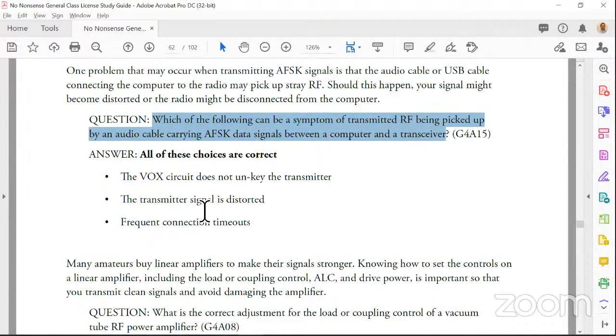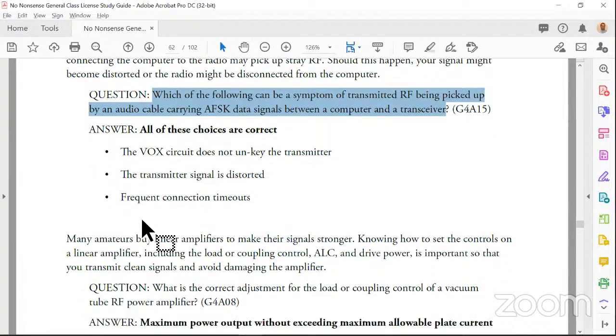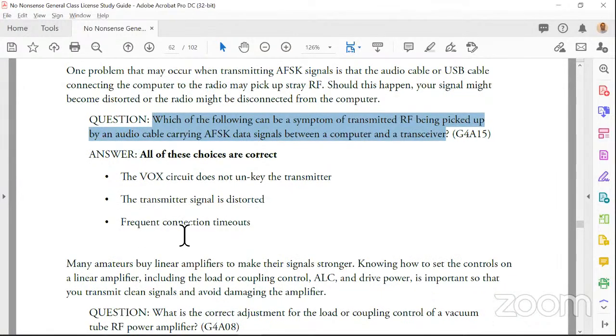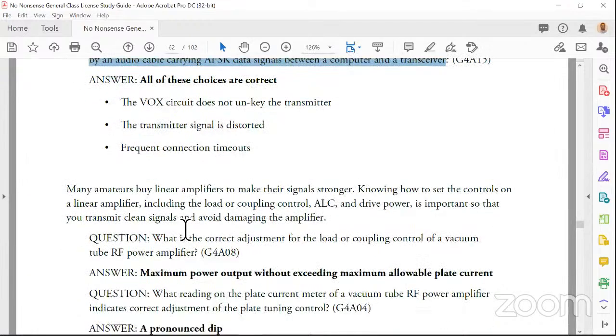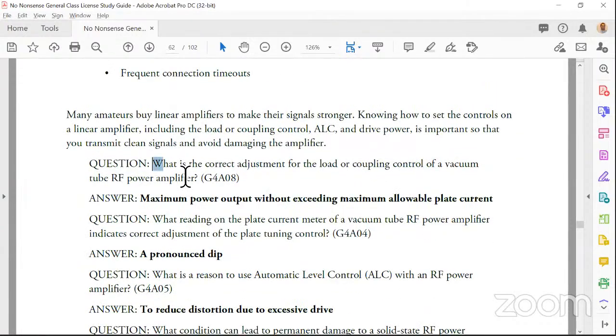So the person will tell you you're sounding distorted, or that your signal is not decoding properly. When they look at it, your signal appears distorted on their waterfall or on their scope. Also, you can have frequent connection timeouts, meaning it's connected for a minute and then it's not connected again. So those are the symptoms of stray RF. Next question in the question pool.